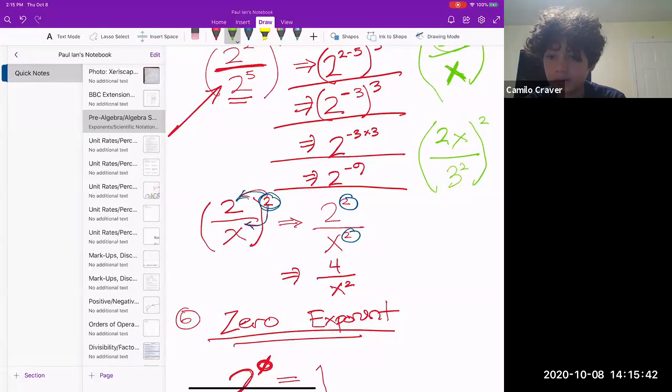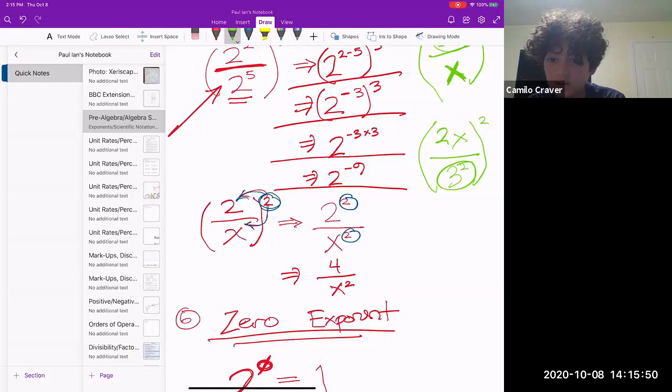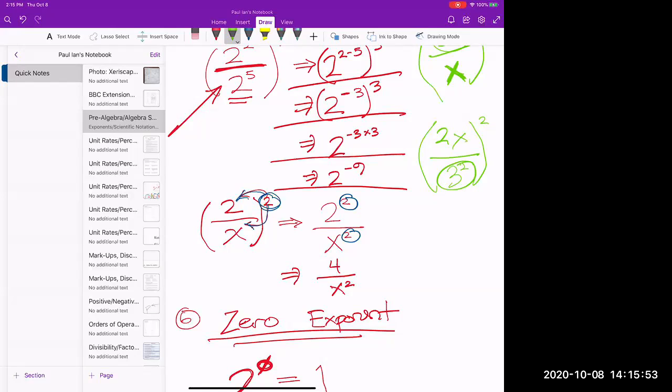Add the squared to the 2 and the x. And then what about this one? And then add it on to there. Okay. And let's see what happens when you do that. After you do this, you might have to simplify. Probably not this one. You don't have to simplify this. And you add it to this guy too, right?